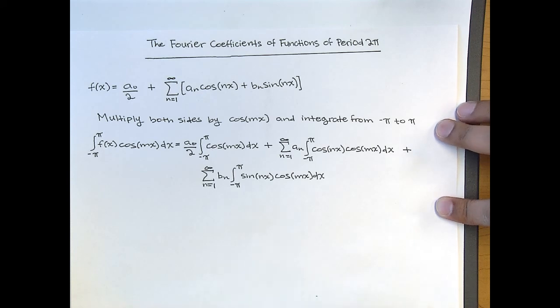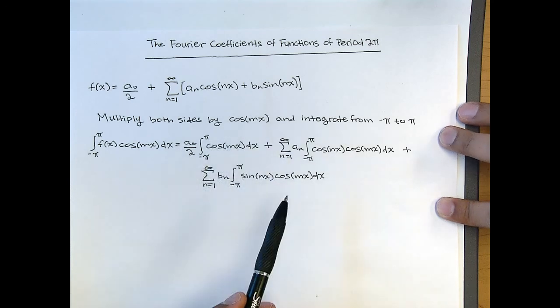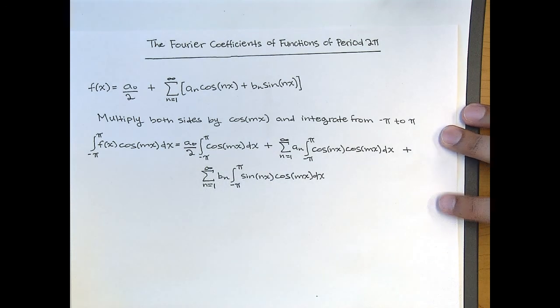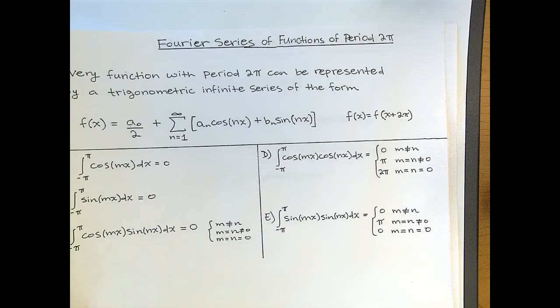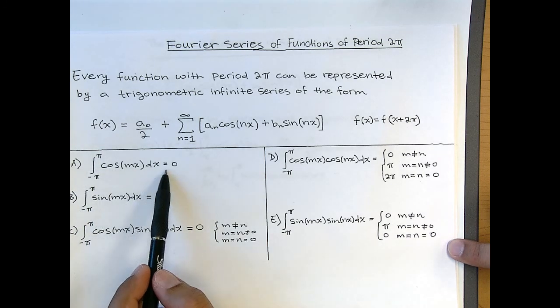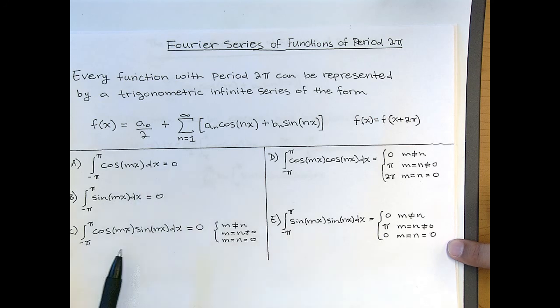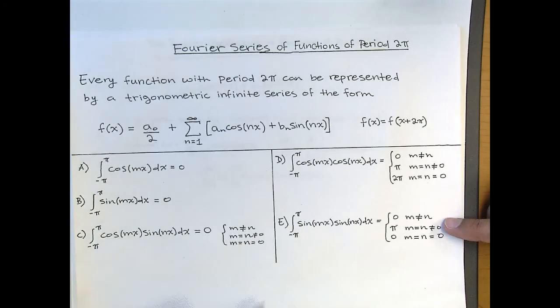Okay, so that is what we get when we multiply both sides of this Fourier series by the cosine of mx. Now what you would notice from the previous integrals that we calculated is that the cosine of mx integrated from negative pi to pi is 0, and also the cosine of mx sine of nx dx integrated from negative pi to pi is also 0, and that holds whether m is not equal to n, m is equal to n, or m is equal to n equals 0.